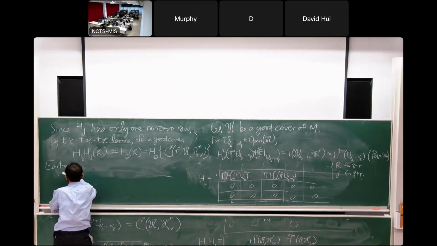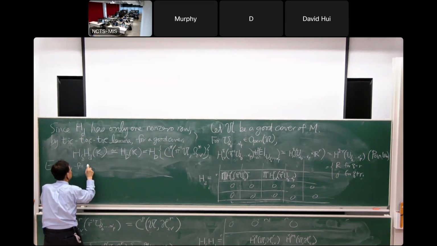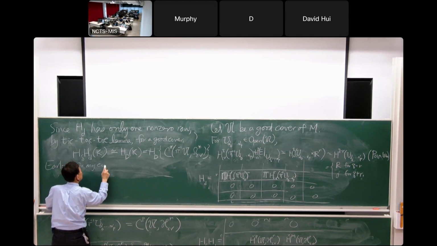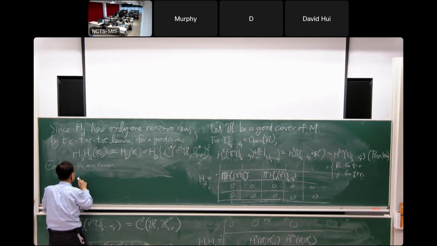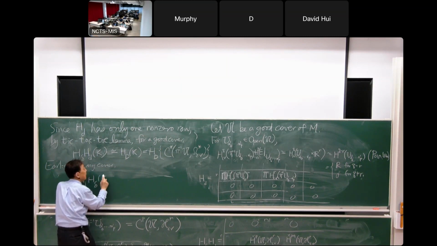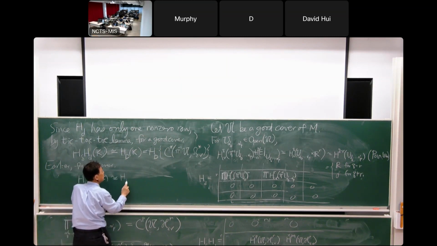Earlier, we didn't have any hypothesis. So for any cover, we had H_D H delta is isomorphic to H_D.